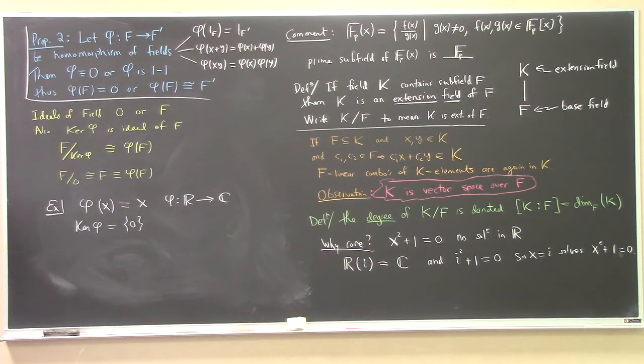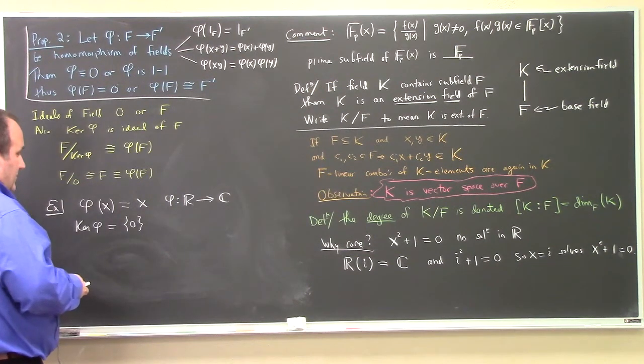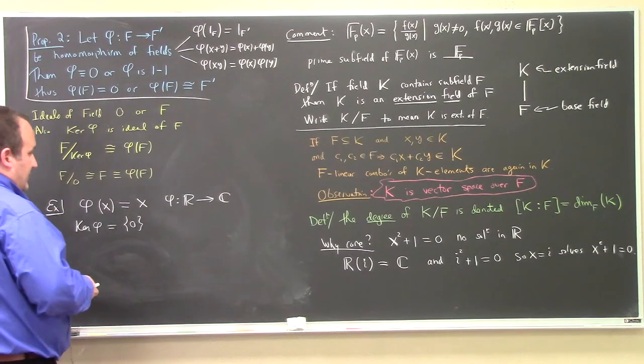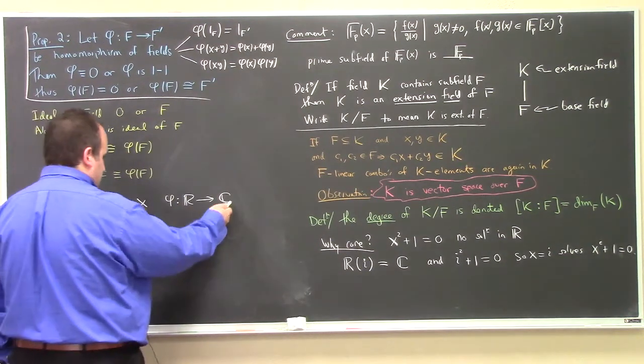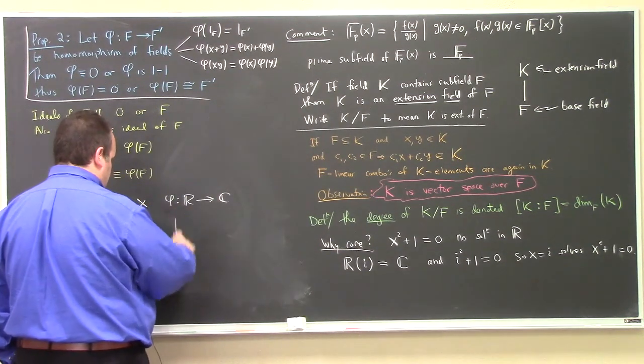So of course, phi of x equals x is 1 to 1. And so what this says is that the image is a field, right. So we can draw a picture, right? Here's your number line.